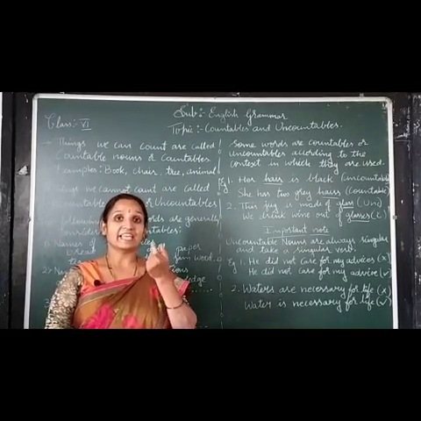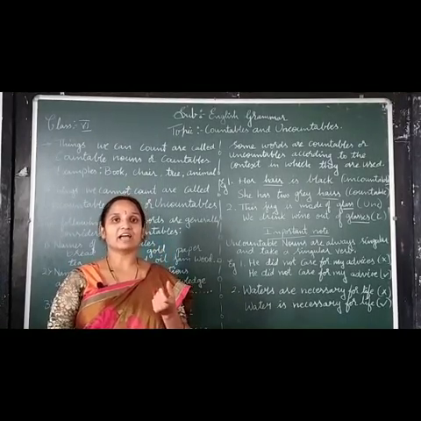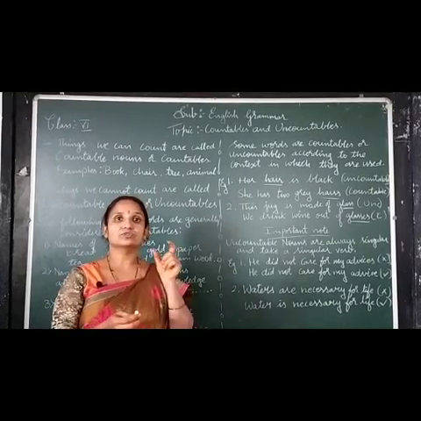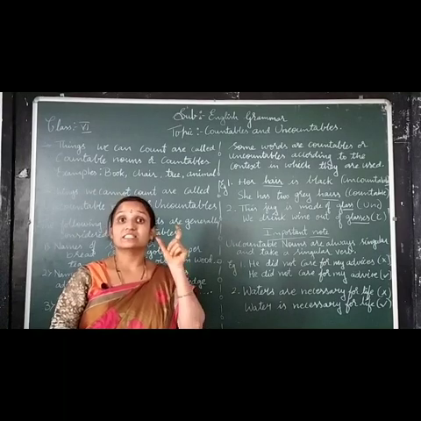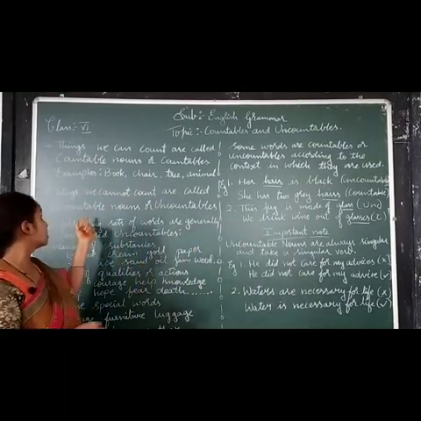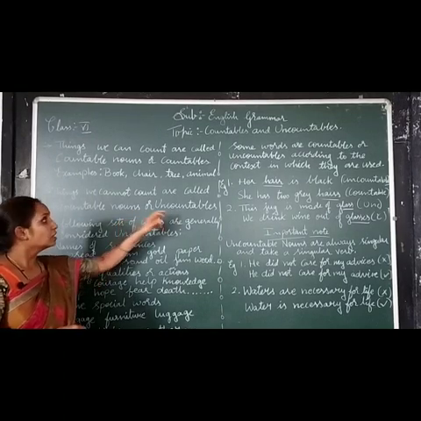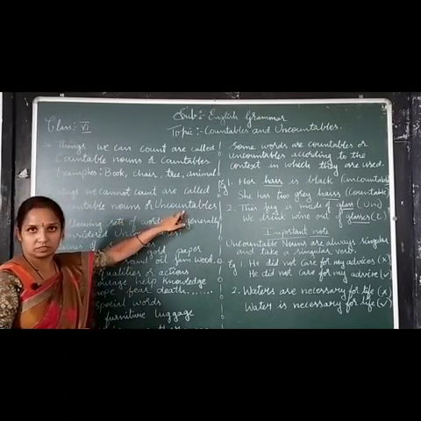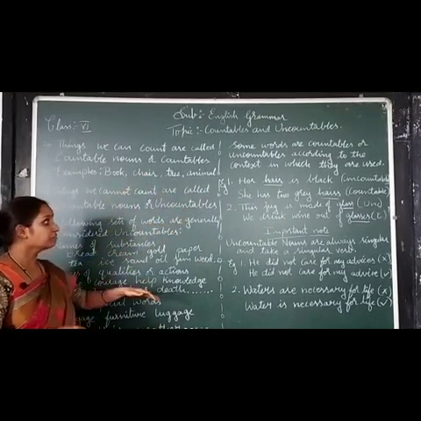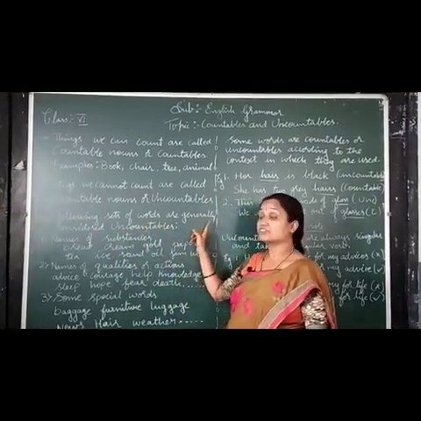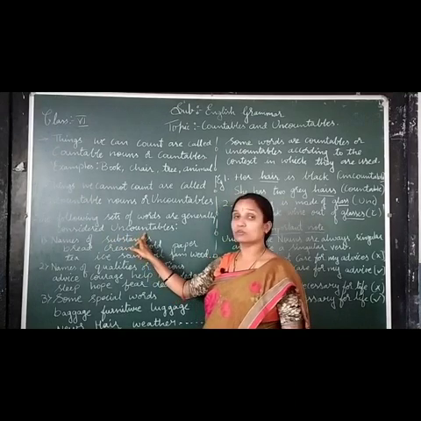It means exact number. We don't have like 1, 10, 11 like this. There is no perfect number. Such things are said to be uncountable nouns or uncountables.